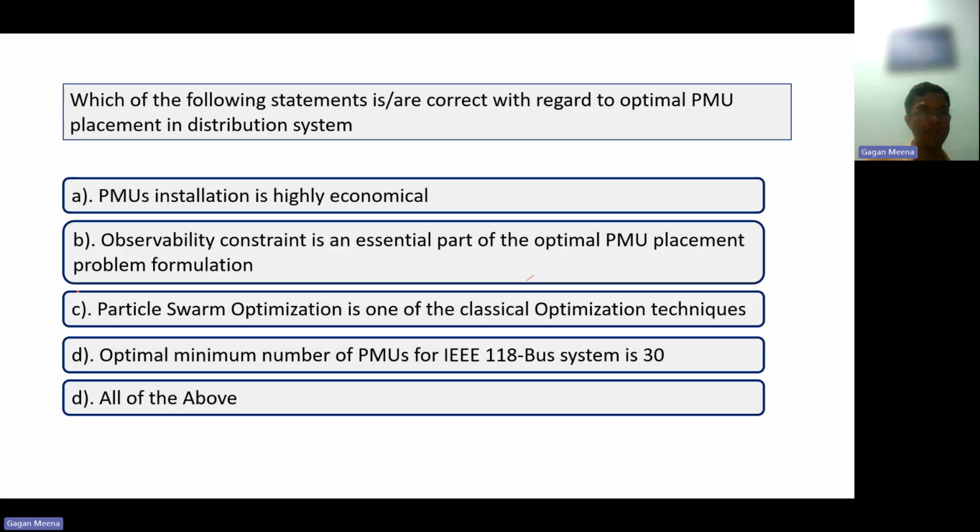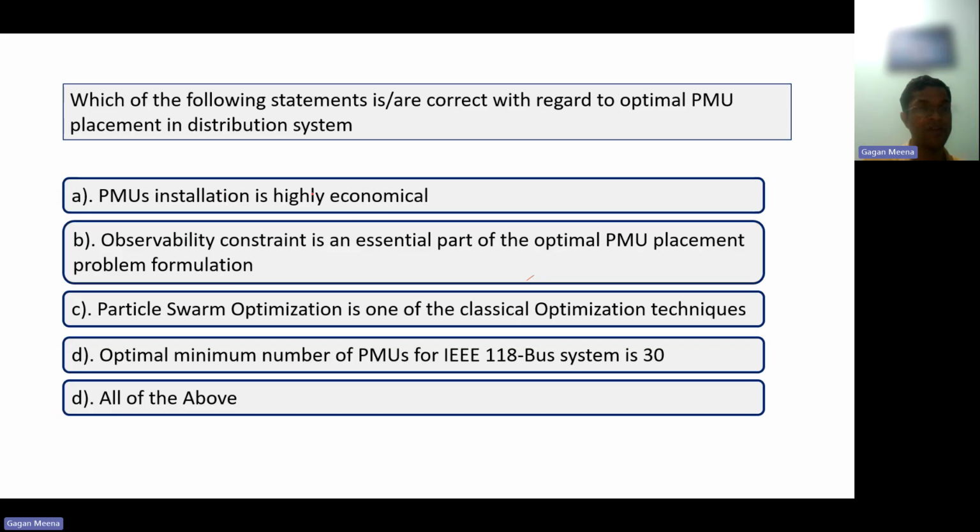So here A is PMU installation is highly economical. If this was the case, then we would not be talking about optimal PMU placement. We want to optimally place PMUs only because they are very costly to install at each and every bus. That's why we are trying to place them optimally.